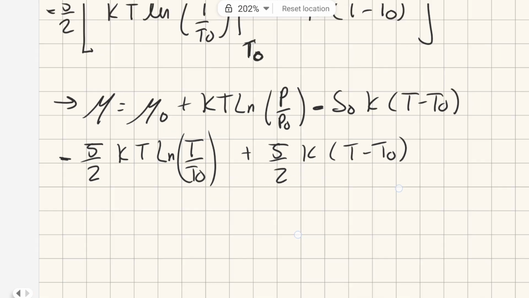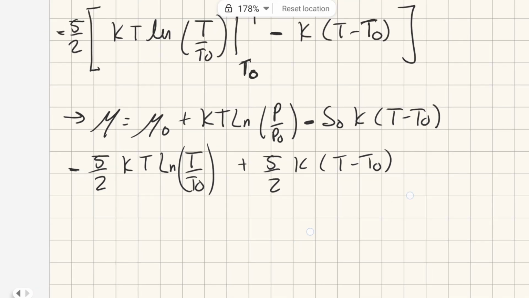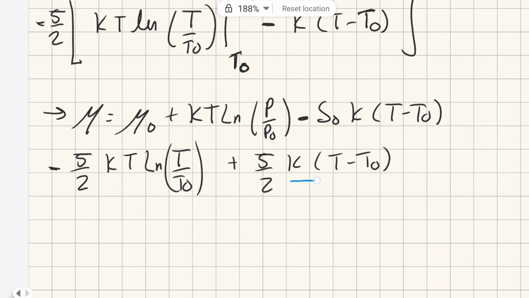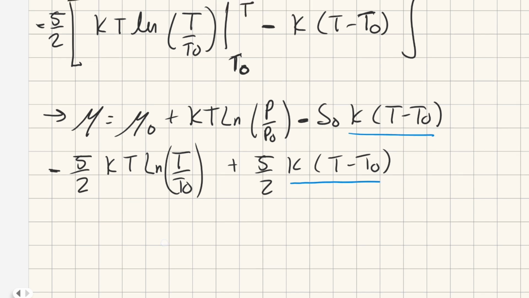Okay, so from here, we are going to take the element k times t minus t0 as a common factor, and then we are going to take this 5/2 to the exponent of the natural log so that we can group these two natural logs, right?